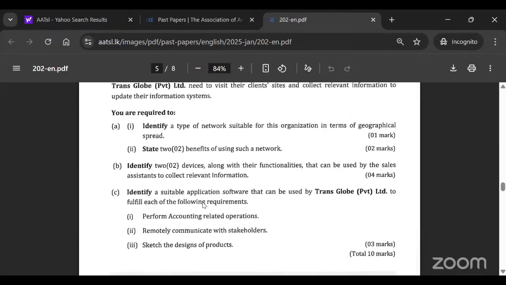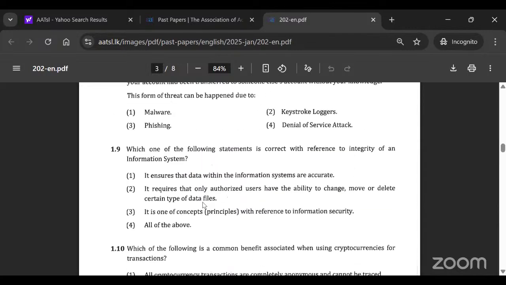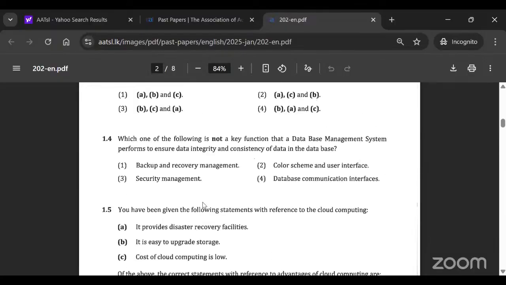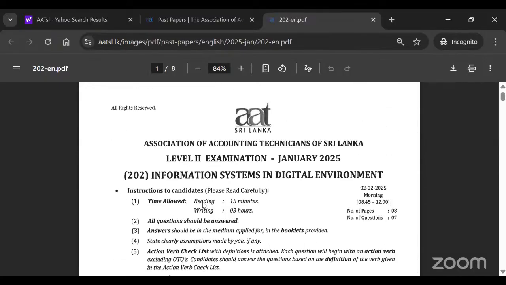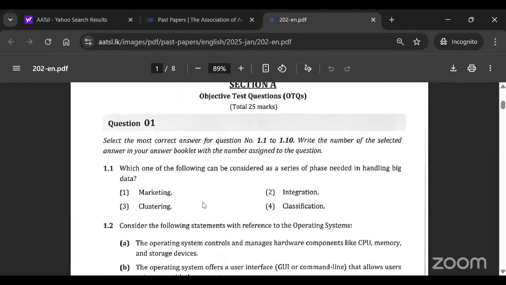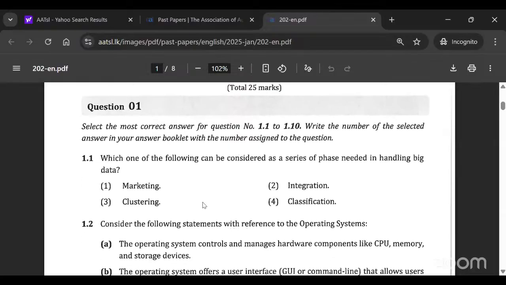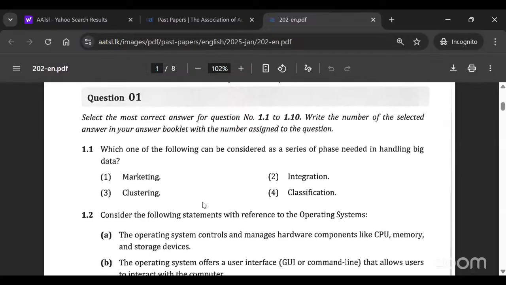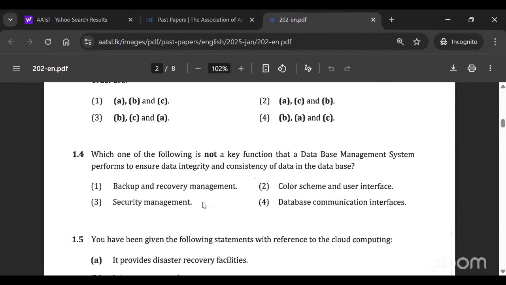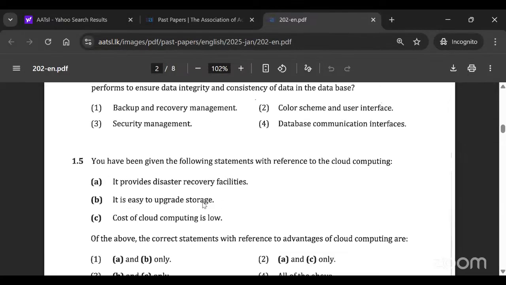That means all 3 sections are very important. You are not supposed to ignore any question. We'll go through this section, right? Now this MCQ and OTQ section covers the entire syllabus, right?